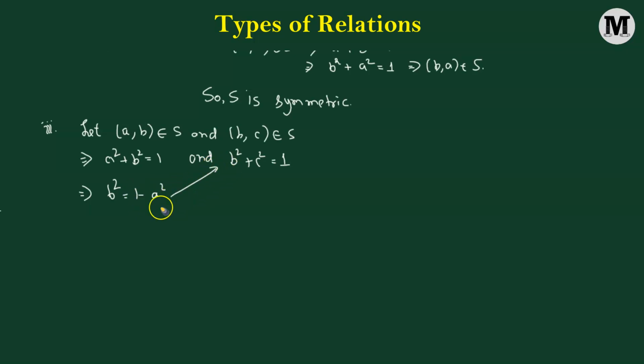When we substitute this in the second equation, we get 1 minus a squared plus c squared equals 1.